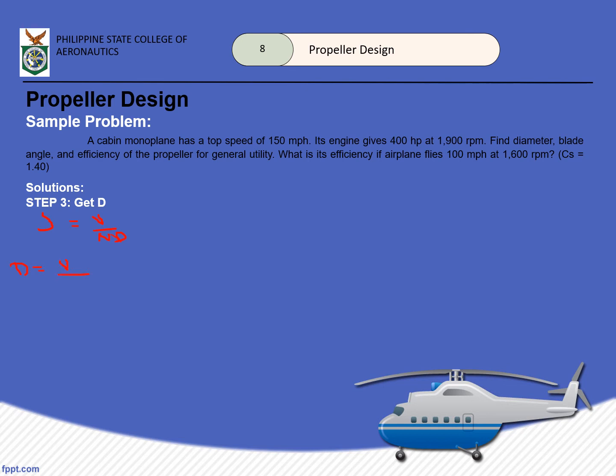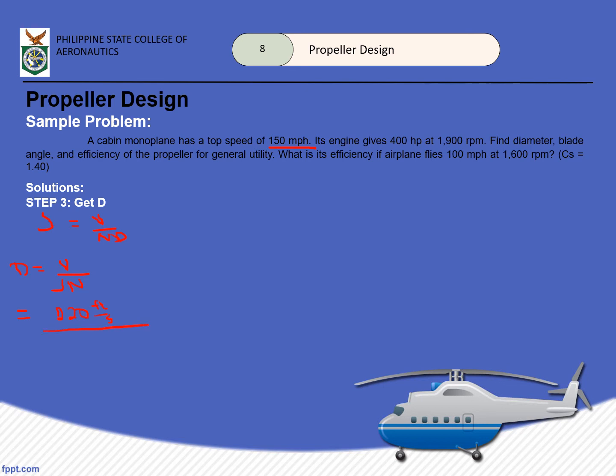We would have V over advance ratio times N. So, substituting our value, we would have our velocity na convert natin kanina, yung 150 miles per hour na convert natin sa foot per second, na we got 220, diba? 220 foot per second.